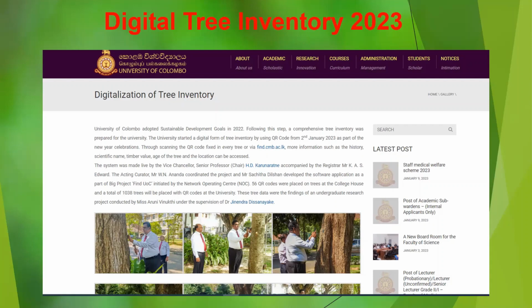We also suggested including some more aspects in that set of information, like the conservation status. And not only that, on the website there is a search option where you can search for a given name, and it will tell you all the information about that particular plant. The plan is to extend this to the plants in the other faculties as well.